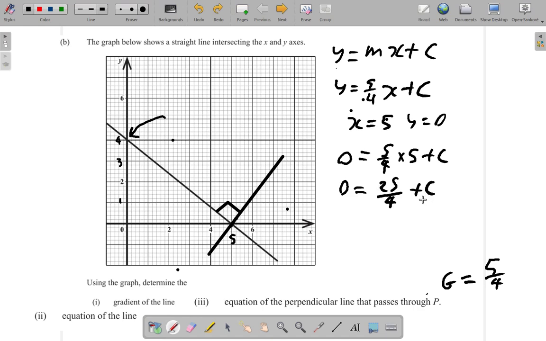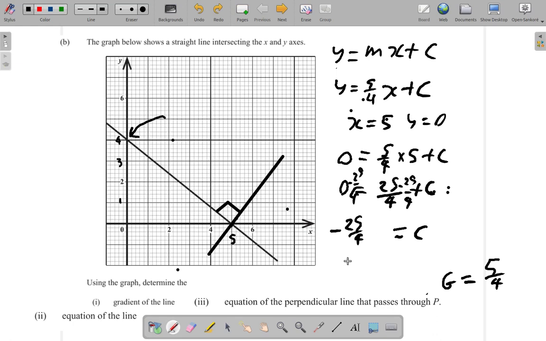What you can do is subtract 25 over 4 from both sides. If you minus 25 over 4 from here, you get c equals, and you minus 25 over 4 from here, you get -25 over 4.